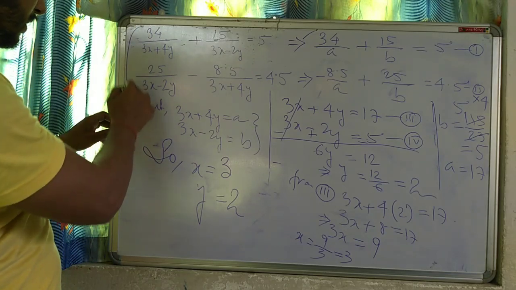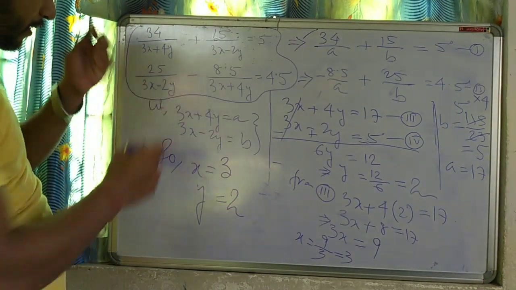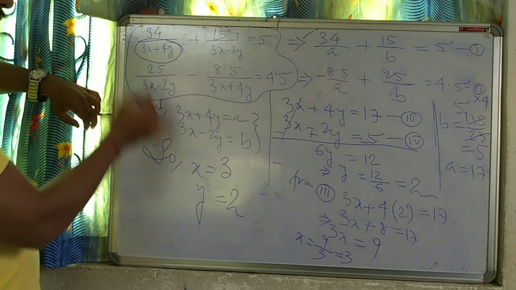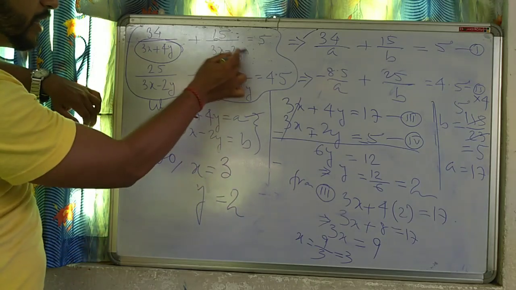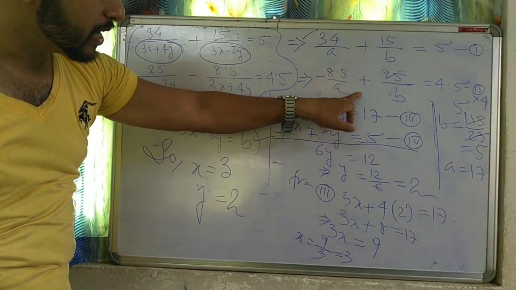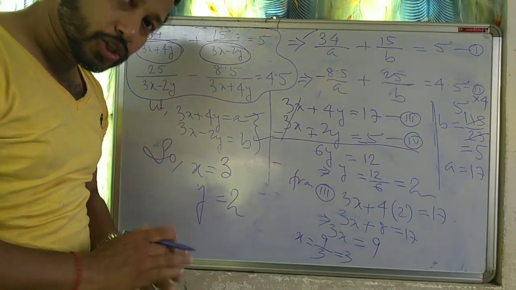So these were the equations given in the question. From them we considered 3x plus 4y as A and 3x minus 2y as B. After that, as I discussed, you might have understood.